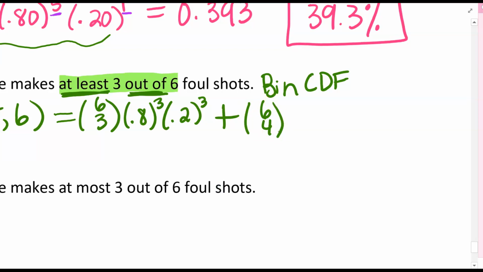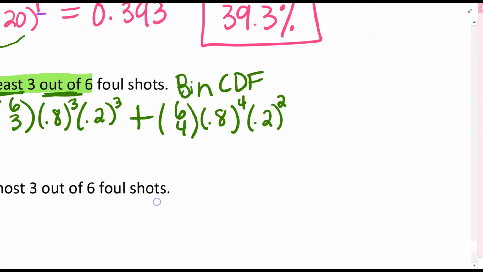What's the probability of success? 0.8 raised to the number of successes, 4, times the probability of failure raised to the number of failures. Or means add.